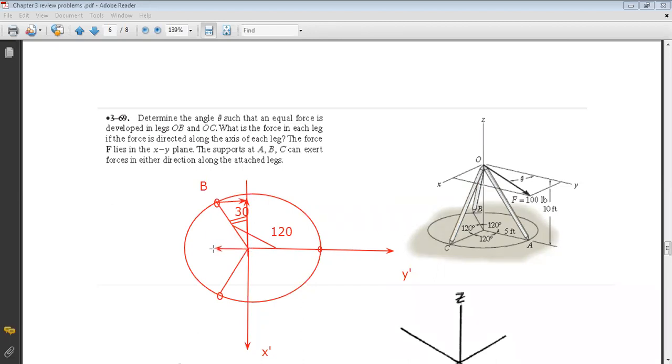The projection along x is cosine 30, and along y is sine 30, but both are negative.